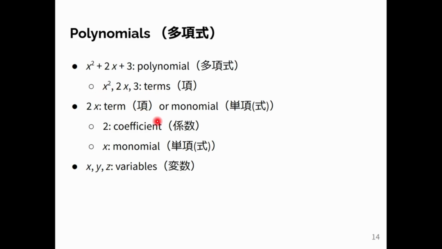In a term, or monomial, the number 2 is called the coefficient, 係数. And the 単項式 x is called the monomial. And also, x, y, z are called the variables.